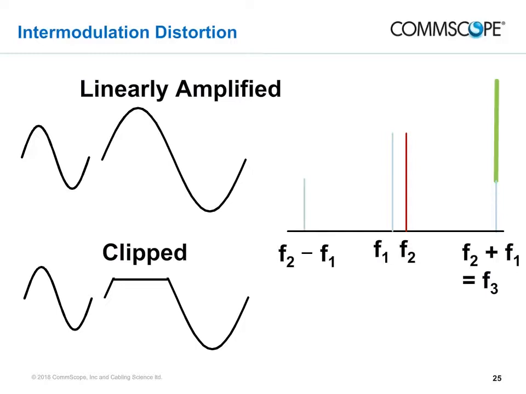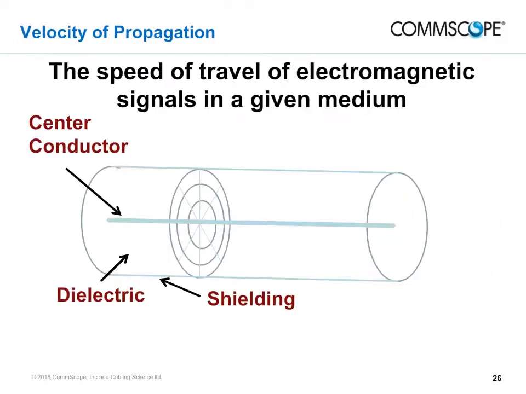The amplitude of the signal at F3 is the sum of the amplitude of the intermodulated signal generated by the signals at F1 and F2, plus the amplitude of the legitimate signal at F3. The result is distortion of the legitimate signal at F3.